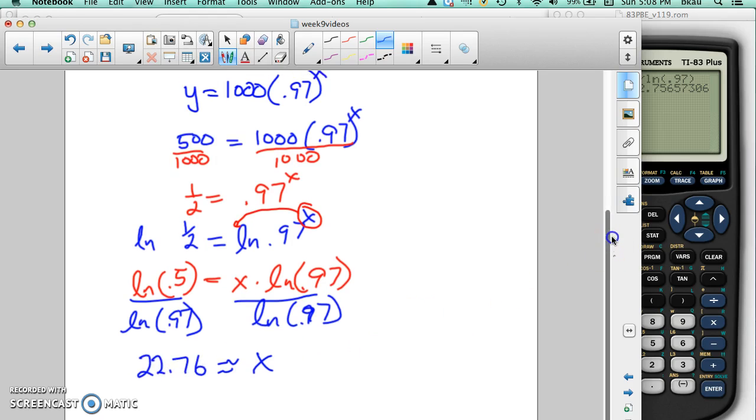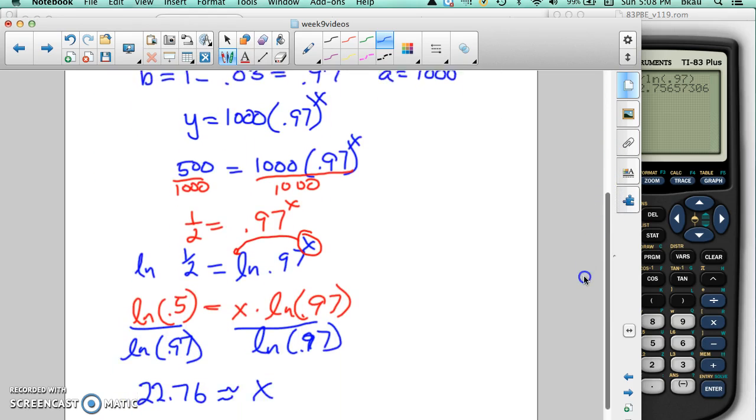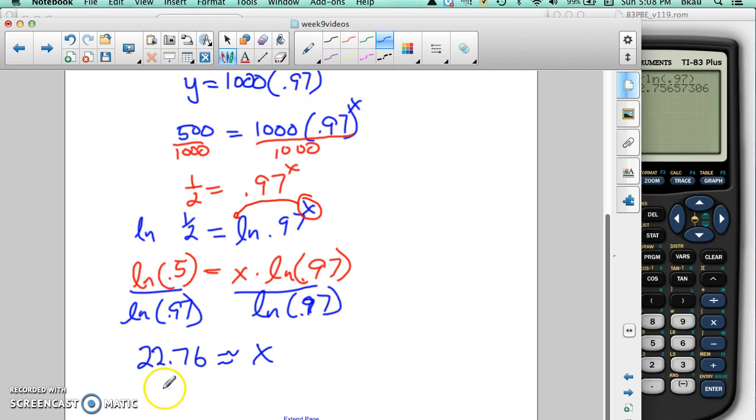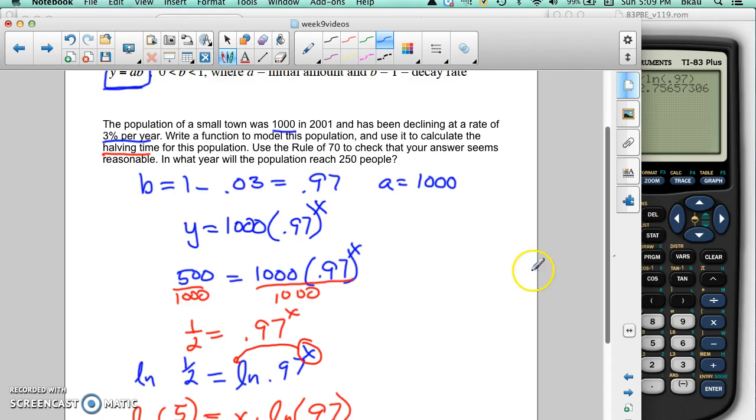What's our time unit in this problem again? Years. So it takes between 22 and 23 years, about 23 years, for the population to halve and get to 500 people. Now let's double check that with the rule of 70.